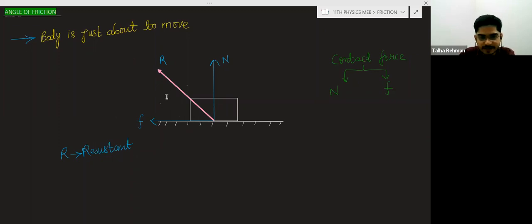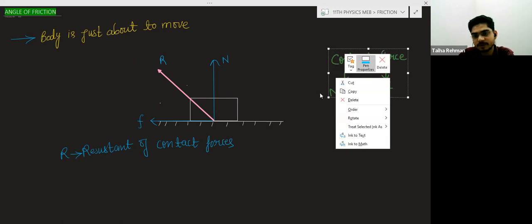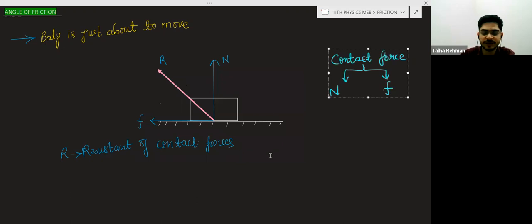So you can say this is the resultant of contact forces. Here in this case we have one the friction force, another the normal reaction, both contact forces.